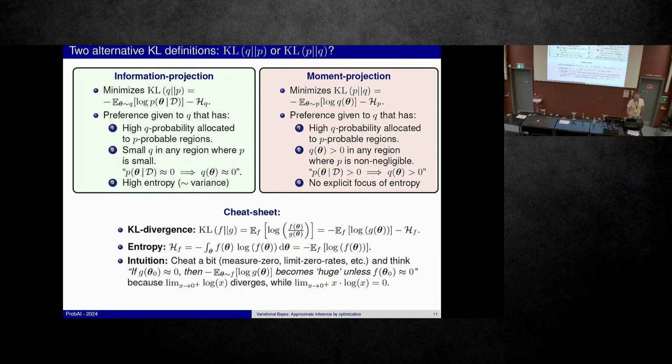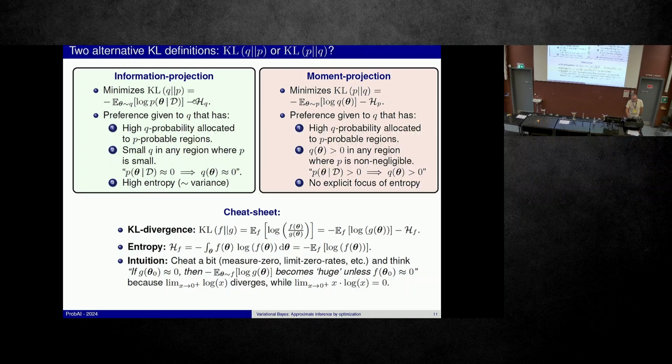So that means whenever p is large, it's good to have a large q as well. So q probability is allocated wherever there is a region that has high p probability. And then there was this thing about the zeros. So if this guy is 0 or close to it, then we must make sure that the expectation operator is not looking at that area. So that means if p is 0, q must be 0 too.